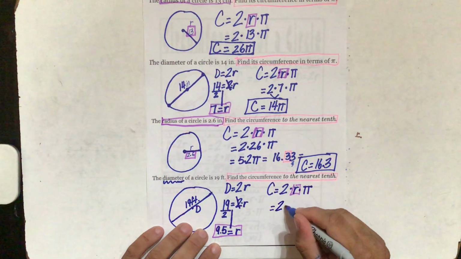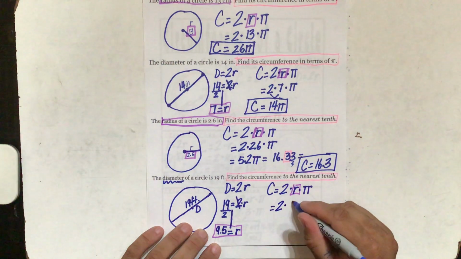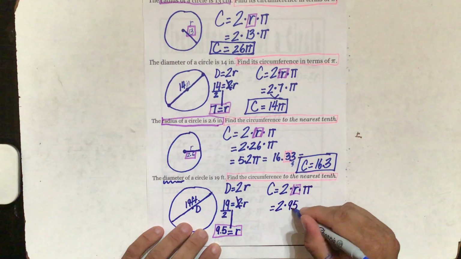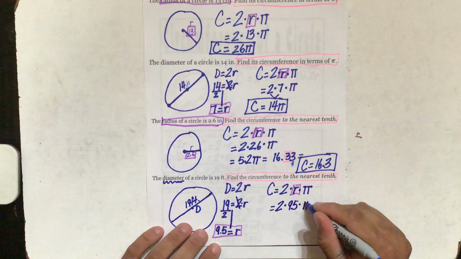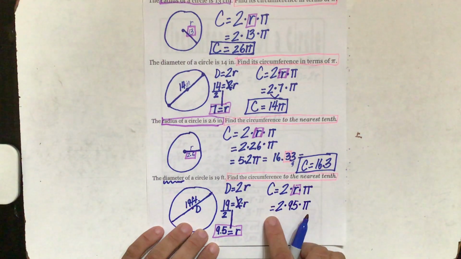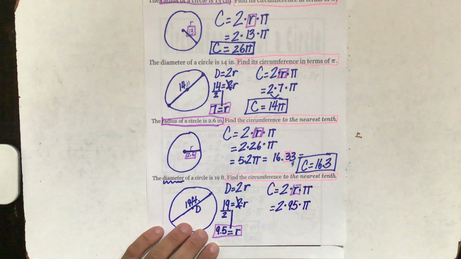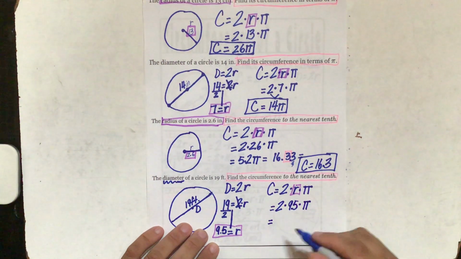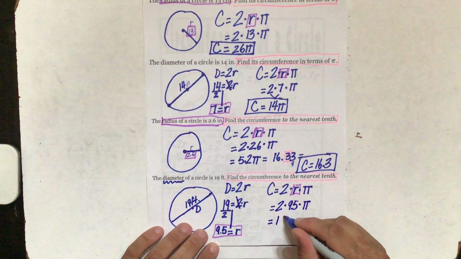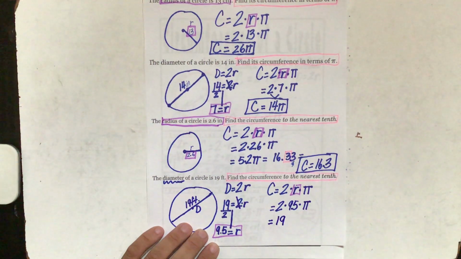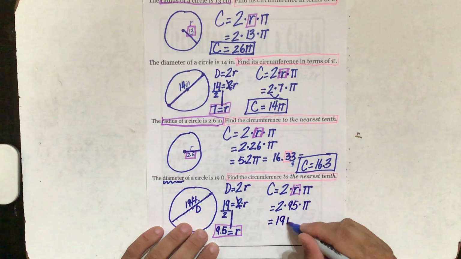Equals 2 times, my R is 9.5 times pi. So I'm going to multiply 2 times 9.5, which is 19. 19 pi.